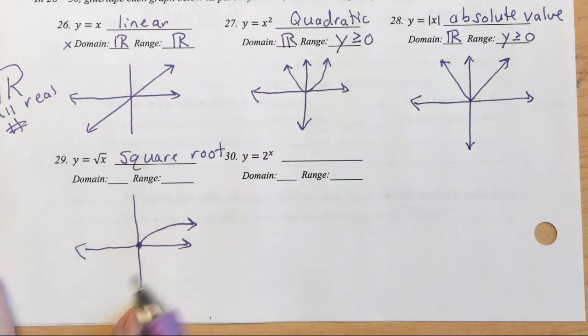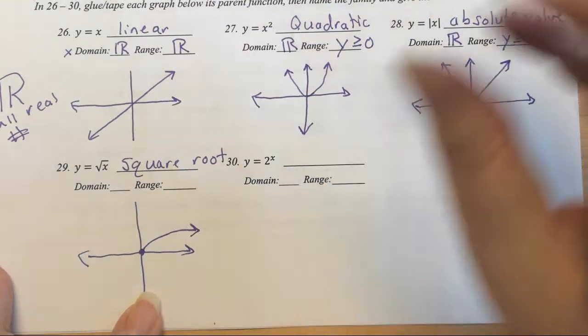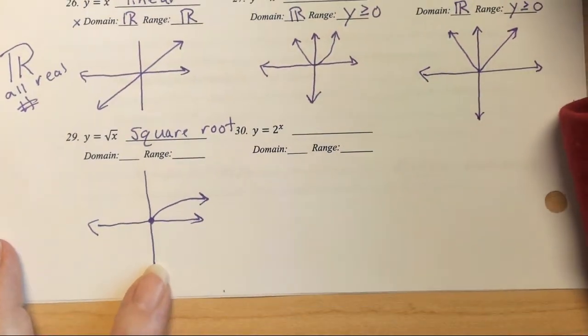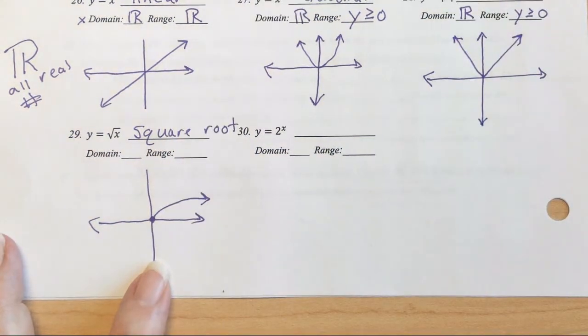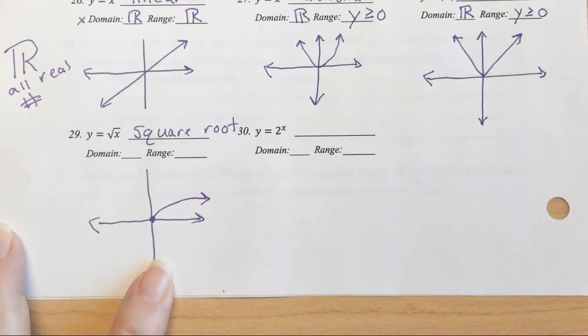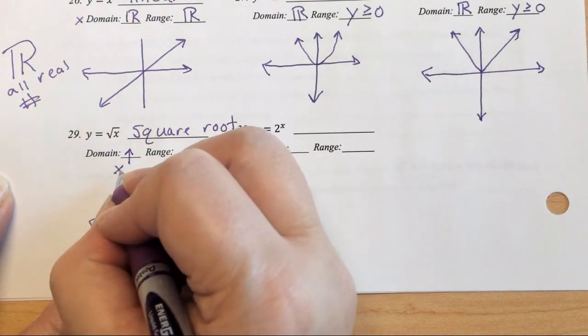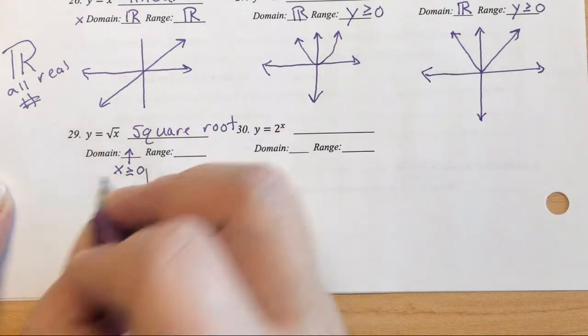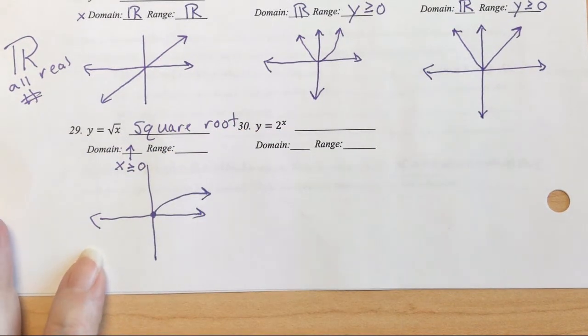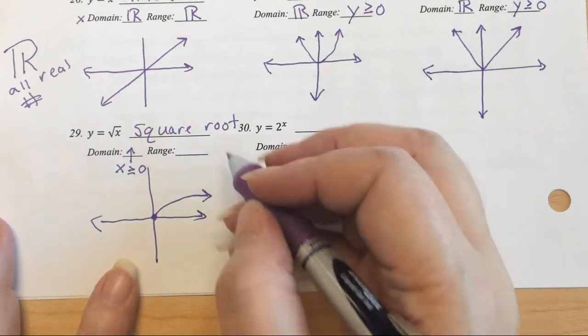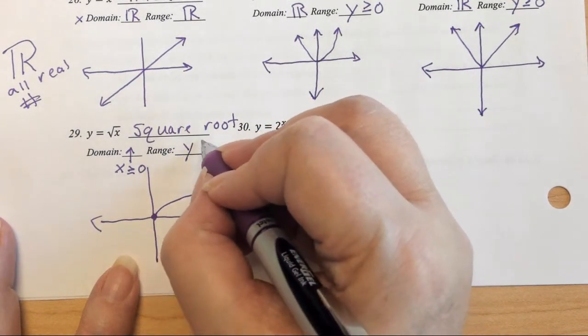Looks like that. Domain. X is greater than or equal to 0. And I can't fit it in there, but I'm going to put it underneath that. So x is greater than or equal to 0. What about my range? Y is greater than or equal to 0.